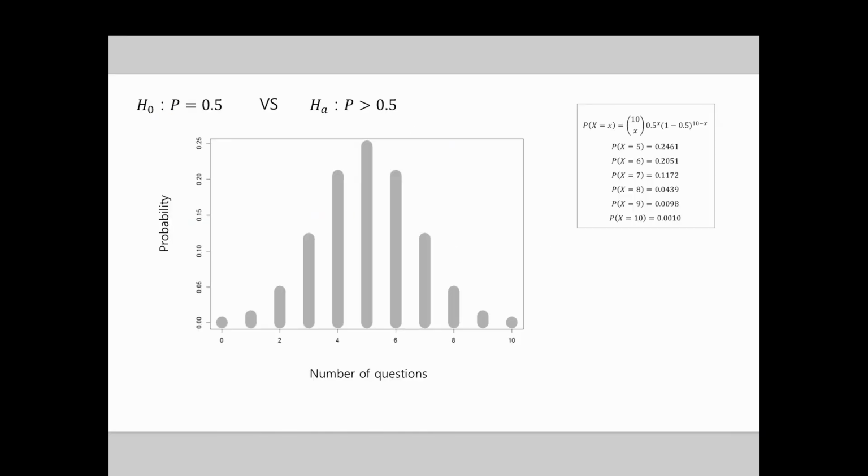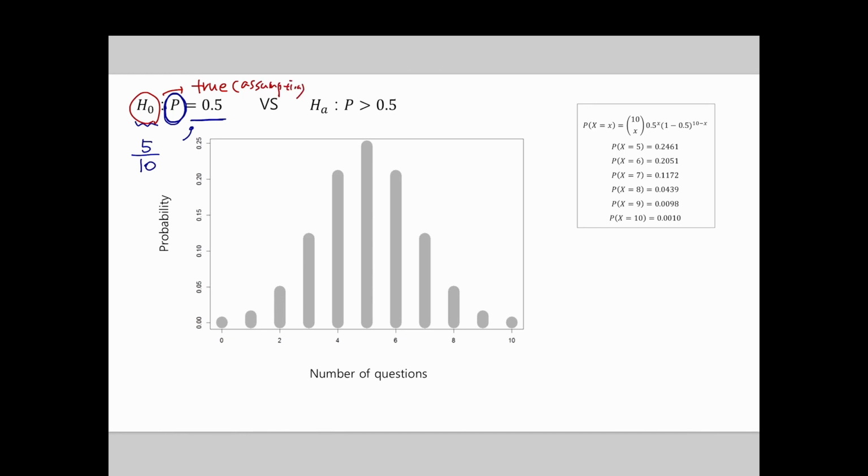In this example, the null hypothesis is that the success probability, the probability of solving this question, is 0.5, which means that the proportion is 5 divided by 10, and we assume that H0 is true. Assumption.